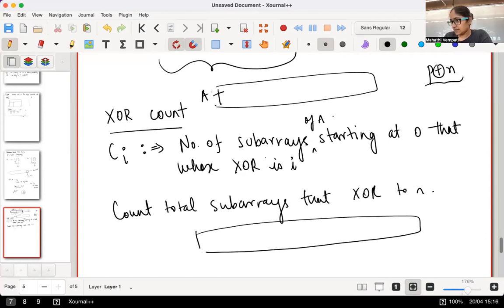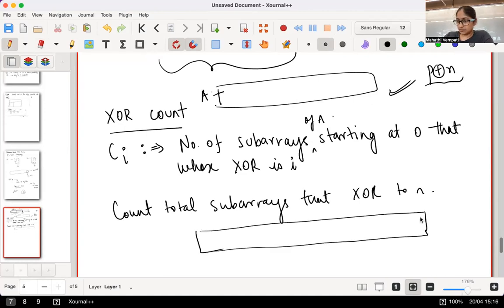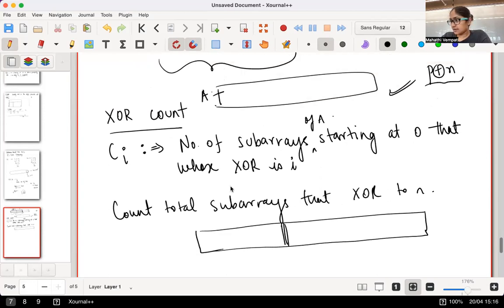And you might think, let's fill up the XOR count array and then use it. But that doesn't work, right? I mean, that's not clean. Maybe there is a way to make that work. But because our algorithm is good, when you reach a position P, figure out all the guys less than P whose XOR was P XOR n.